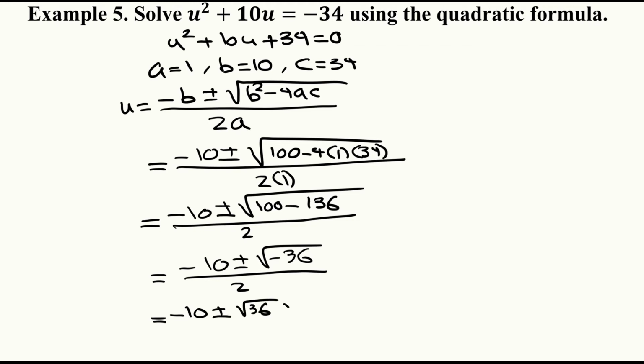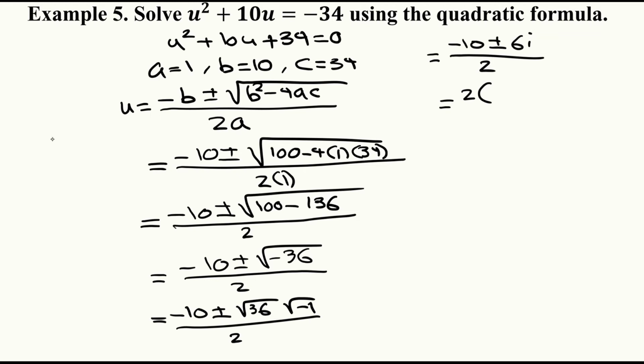Square root of 36 times square root of negative 1 over 2. So we have negative 10 plus or minus 6i over 2. We always go ahead and replace square root of negative 1 with its other name, which is of course i. Again, we notice that there's a common factor of 2 on the top, leaving us negative 5 plus or minus 3i.